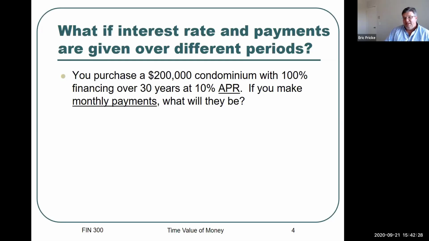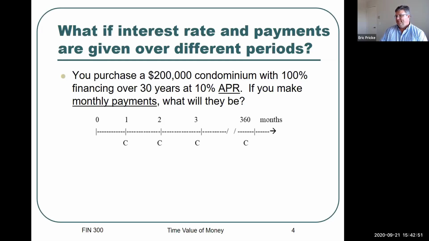This is pretty representative of the way mortgages are quoted today. When you're quoted an interest rate for a mortgage, it's typically an APR, annual percentage rate, and payments for mortgages are typically monthly. So why don't we calculate this problem given this new information?